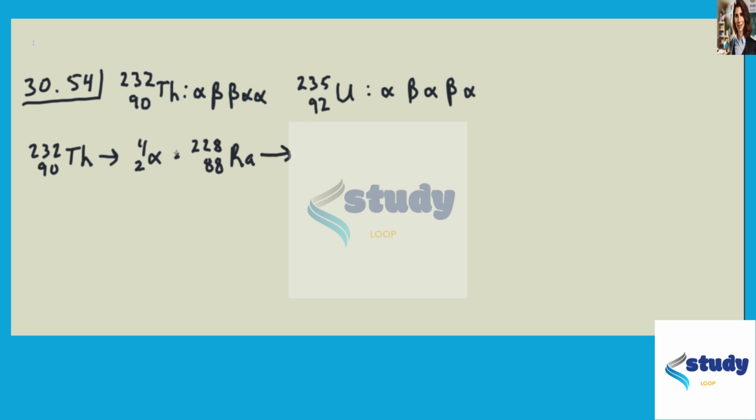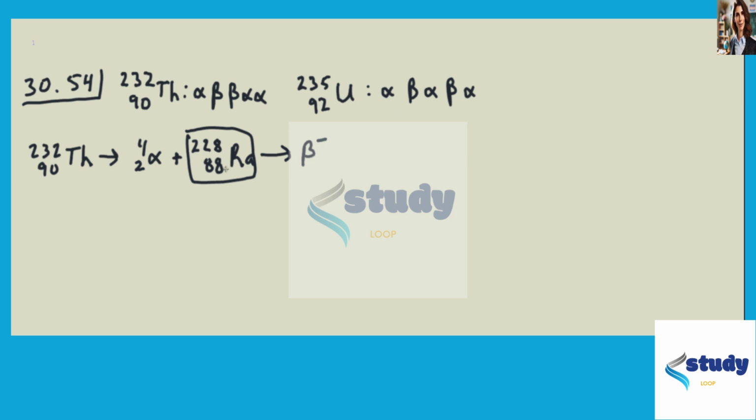Then ignoring the first part here, we can just draw these arrows and not have to write things twice, basically. We're told we emit a beta. So we're going to have a beta here.